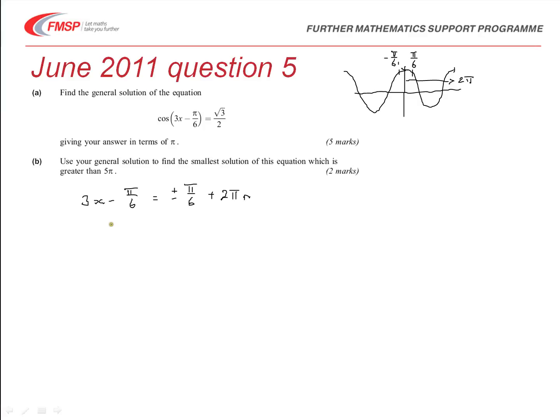Now we can find out what x equals by rearranging. So if we add pi by 6 to both sides, we get pi by 6 plus or minus pi by 6, plus again our multiples of 2 pi.